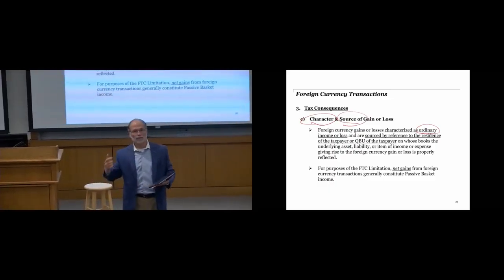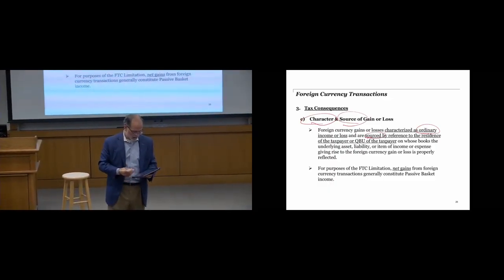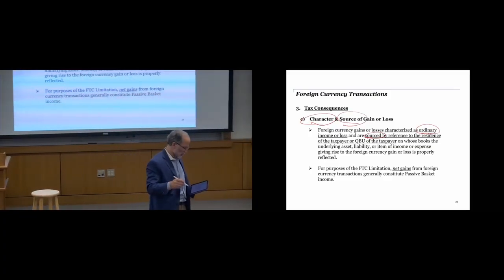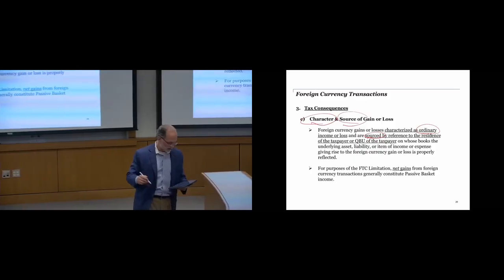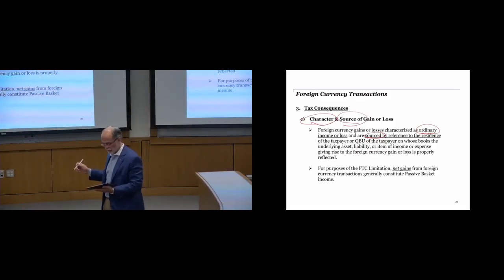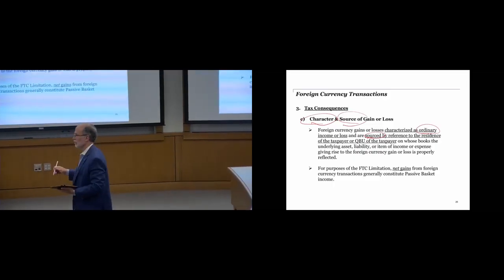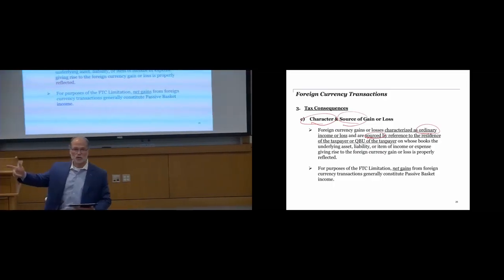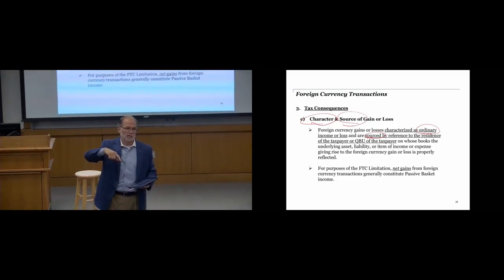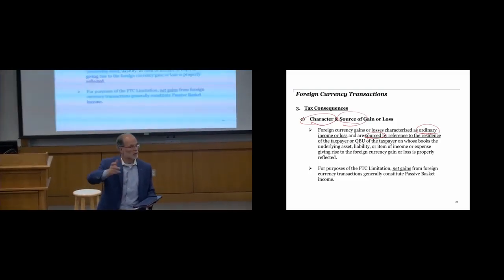So everything's ordinary here, and it's sourced by reference to the residence of the taxpayer or QBU of the taxpayer on whose books the underlying asset, liability, or item of income or expense giving rise to the foreign currency gain or loss is properly reflected. So why is sourcing important? Think back to our international taxation when we did foreign tax credit. Foreign source versus U.S. source is important.